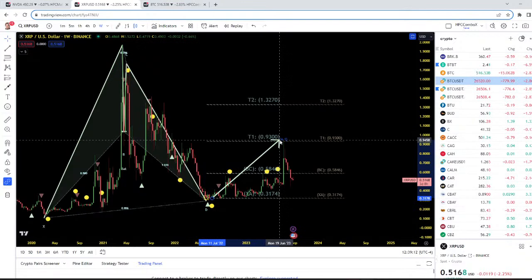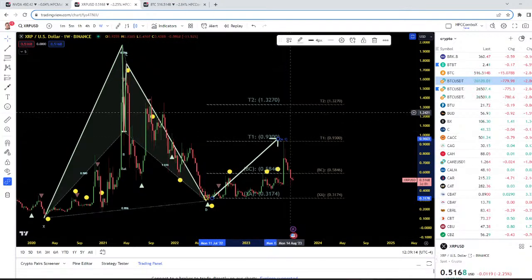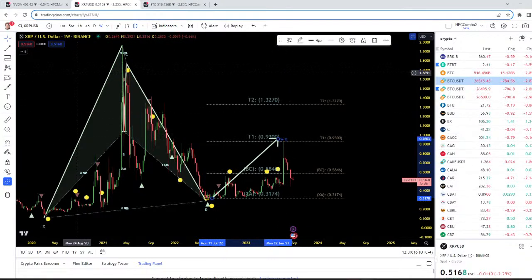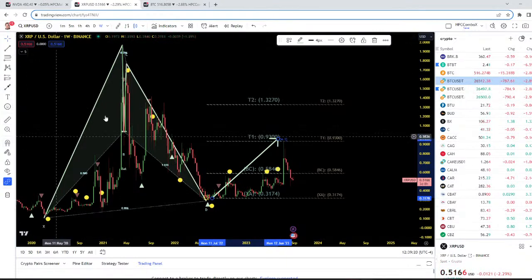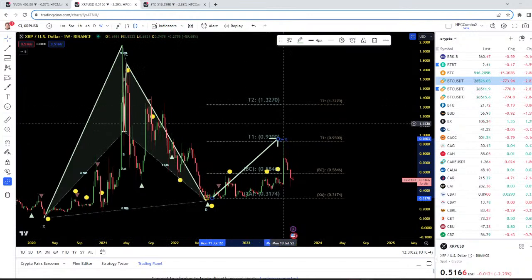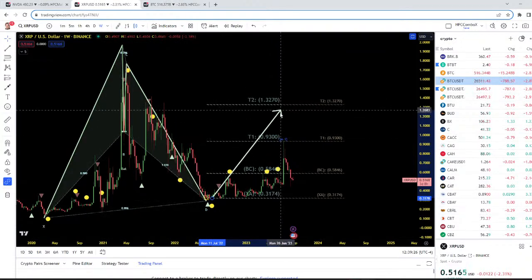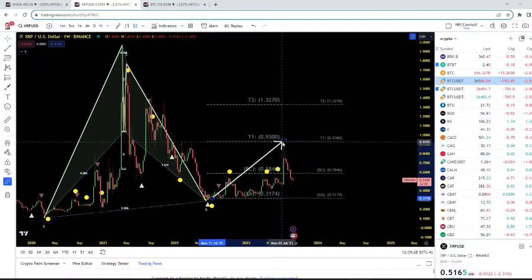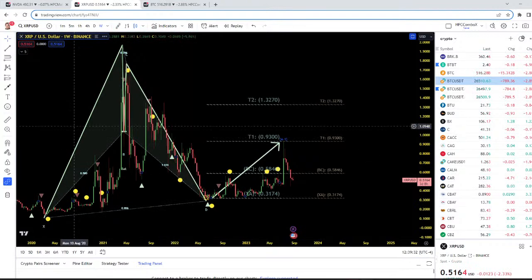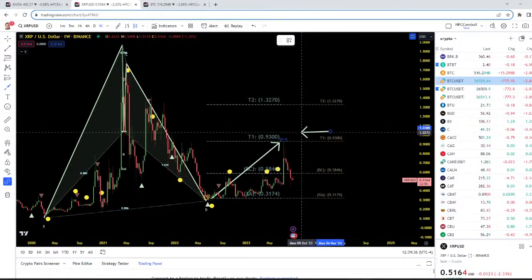It's a little different on some of the other patterns, like a 5-0, and then target 2 on a shark could be a lot higher. That's a 618, I think, maybe a 1618. But type 1 here at 93 is the definition, and then we have the A1 signal.